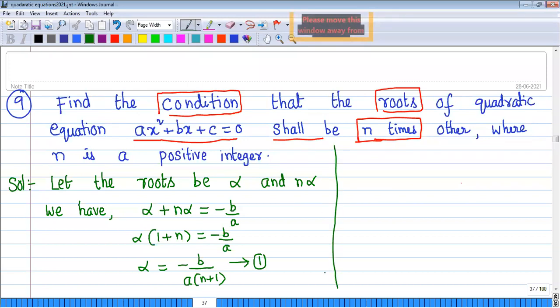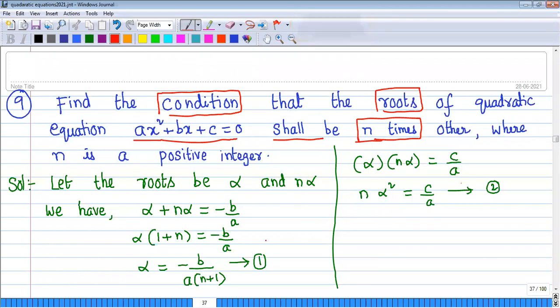Now let us find the product of the roots, that is alpha into n alpha. Alpha into n alpha is equal to c by a, the product of the roots. This we can write as n alpha square equals c upon a. Say equation 2. From these two equations we need to eliminate alpha. How could we eliminate alpha? Instead of alpha, substitute this value.